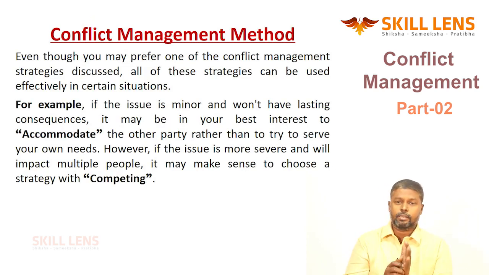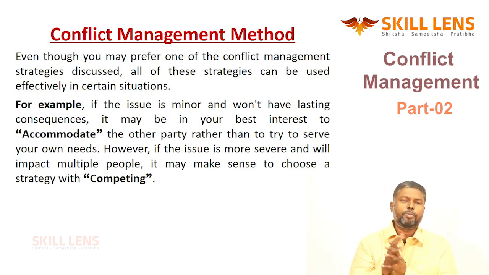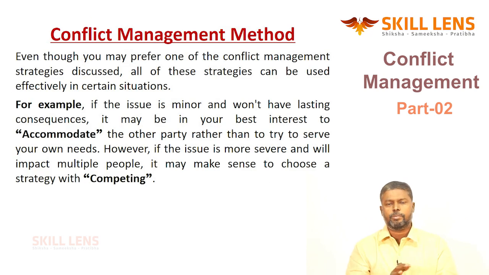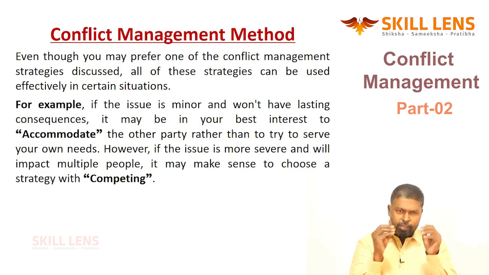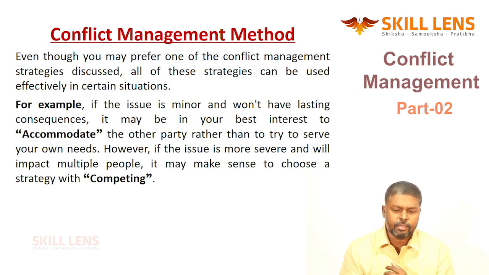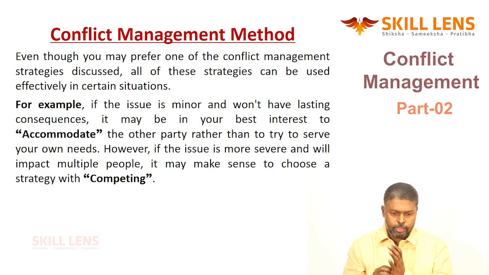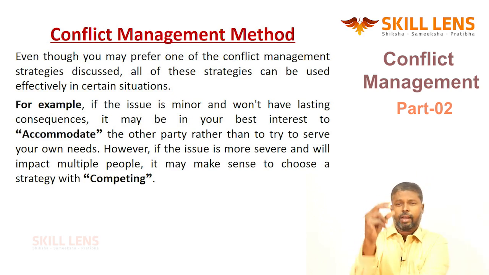The last thing that I would like to speak about in conflict management methods is an example that can be given. Even though you prefer any one of these conflict management strategies, we can actually see that all the strategies can be effective in certain situations. It would be good for people. Now, if the issue is a minor one, I'm not going to lose out too much.